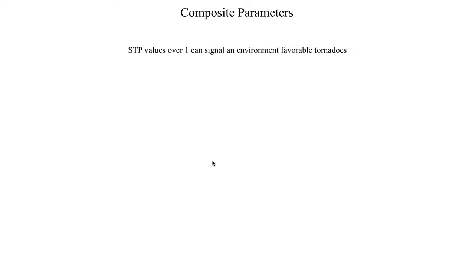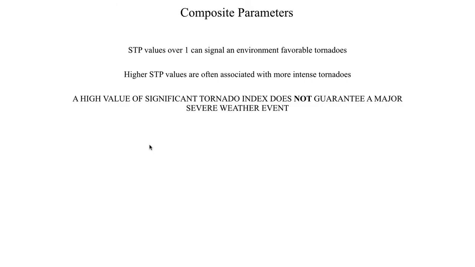Although there's a few things that I want to go ahead and mention about these parameters, first of which relates to significant tornado parameter, or STP. Usually, this is something I said earlier, but usually values over 1 can signal an environment that is favorable for tornadoes. While it is true that higher significant tornado parameter values are correlated with more intense tornadoes, it is very important to keep in mind that a high value of significant tornado index is not going to guarantee a major severe weather event.